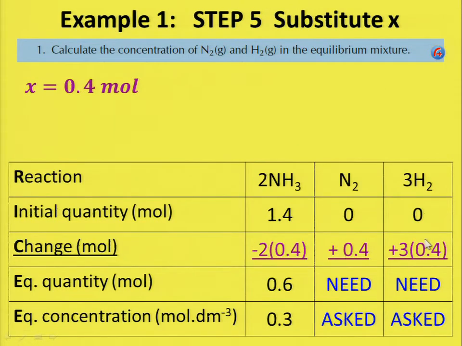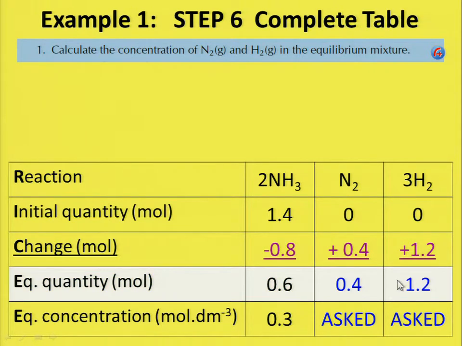Now you can complete the table for nitrogen and hydrogen. Nitrogen is then 0.4 moles and hydrogen is 3 times 0.4. So that then gives you 1.2. And now you have 0.4 moles and 1.2 moles.